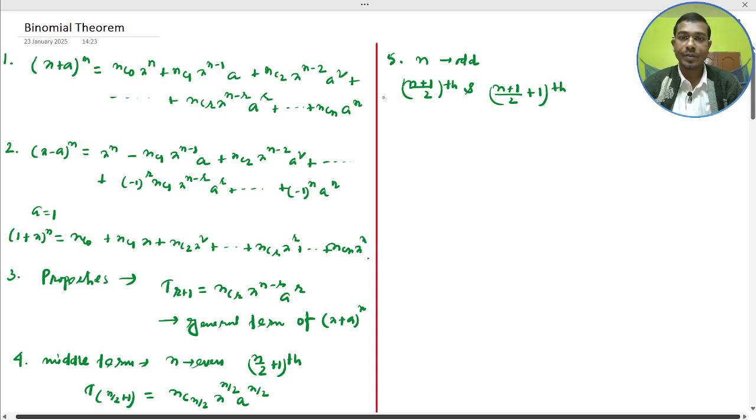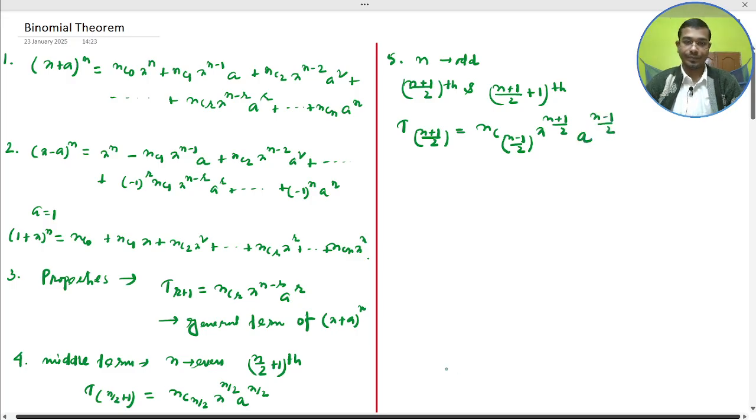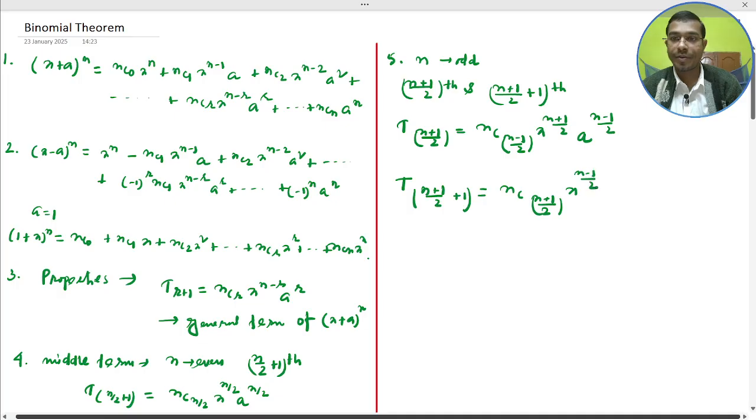First, T((n plus 1) by 2) is equal to nC((n minus 1) by 2) x to the power (n plus 1) by 2 a to the power (n minus 1) by 2. And the next one, T((n plus 1) by 2 plus 1) is equal to nC((n plus 1) by 2) x to the power (n minus 1) by 2 a to the power (n plus 1) by 2.